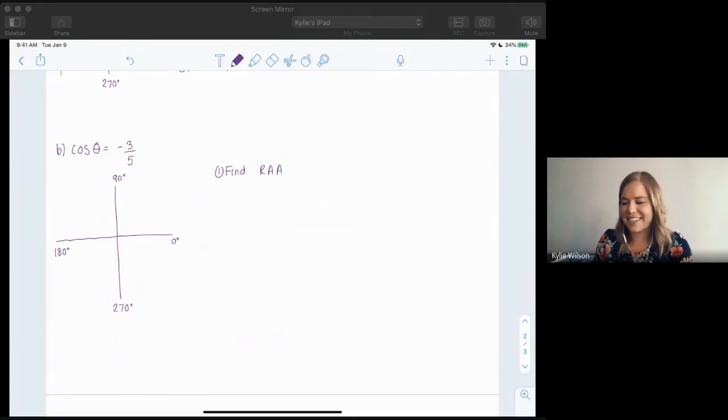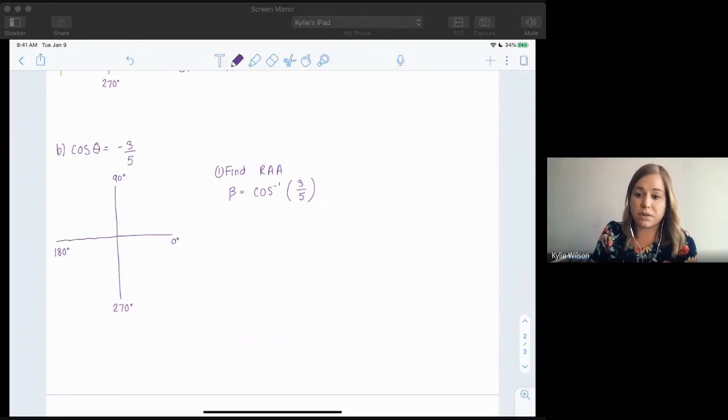My beta is going to equal cos⁻¹ of positive 3 over 5, because my related acute angle is an acute angle, so it should always be positive.